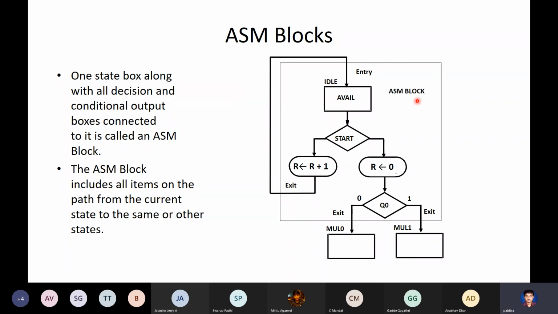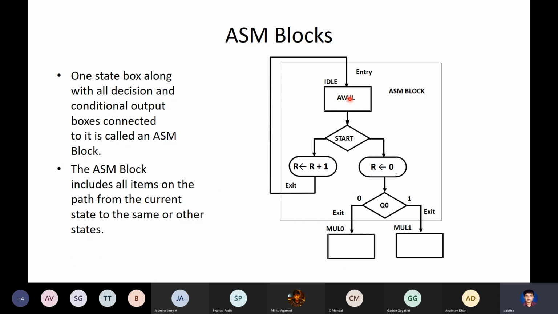So what does this ASM block tell? While I come out of this ASM block, I possibly move to one of these two other states, the mal0 or mal1. I can move into any of these two states.